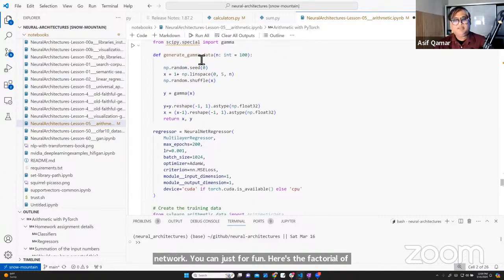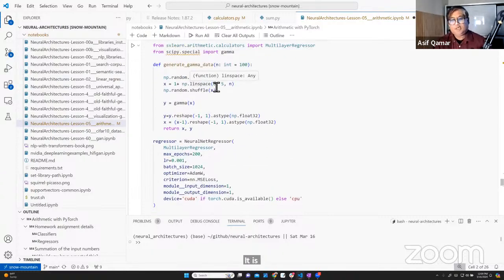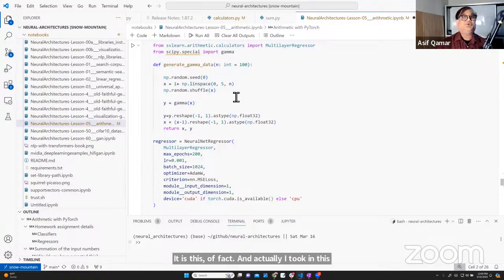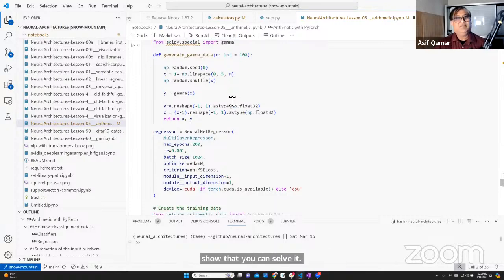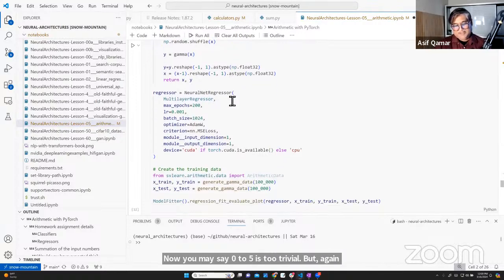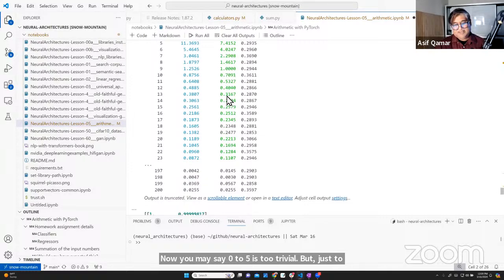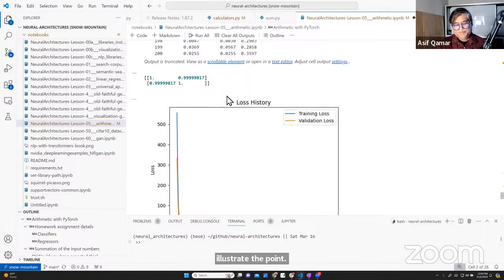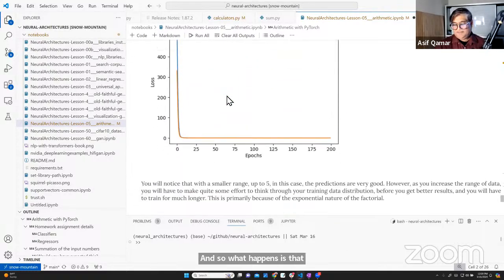And actually, in this particular example, I took a range of just 0 to 5, just to show that you can solve it. Now, you may say 0 to 5 is too trivial, but just to illustrate the point. And so what happens is that this network does converge for a range of 0 to 5. Now, when you go to 0 to 10, it will work, but you'll have to be a little bit smarter.